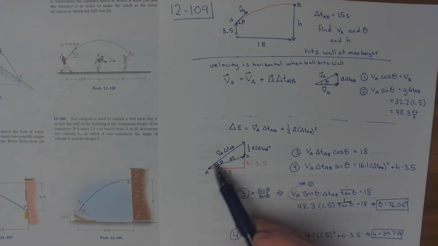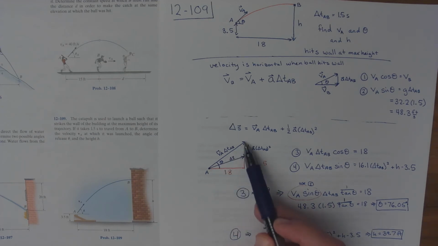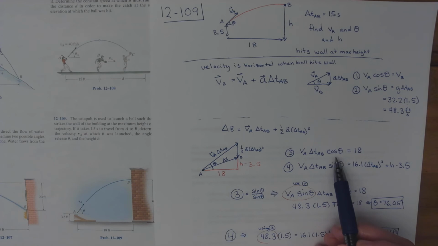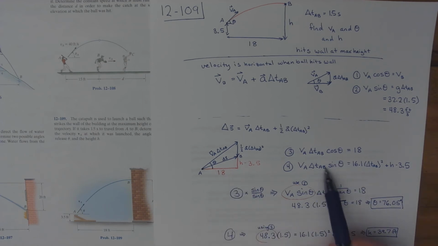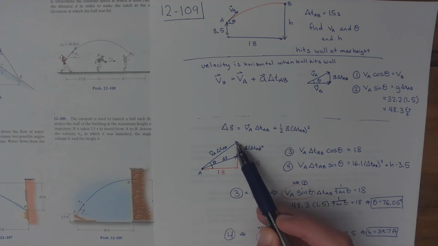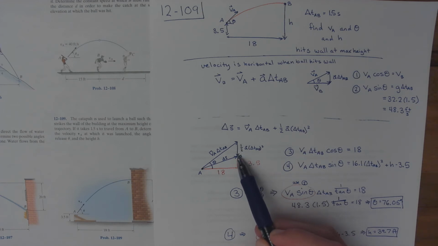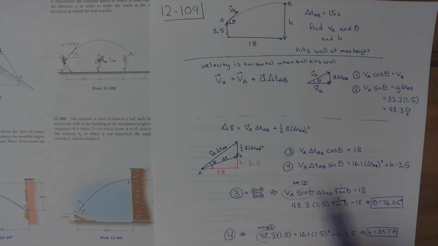Okay, so I'm going to take the hypotenuse for this right triangle here and multiply it by cosine theta, and that would be equal to 18. And then the hypotenuse times sine of theta is equal to the entire distance from here to here, which is this piece here. Half of 32.2 is 16.1, so this piece here is 16.1 times delta t squared, and this piece here is h minus 3.5.